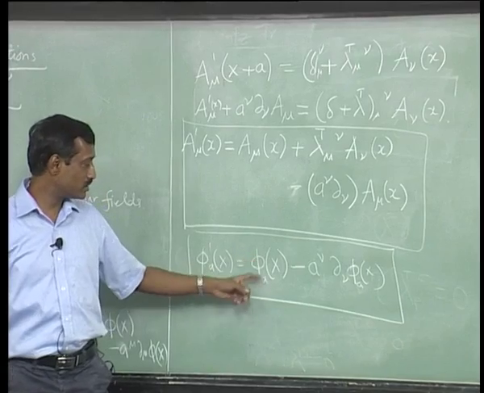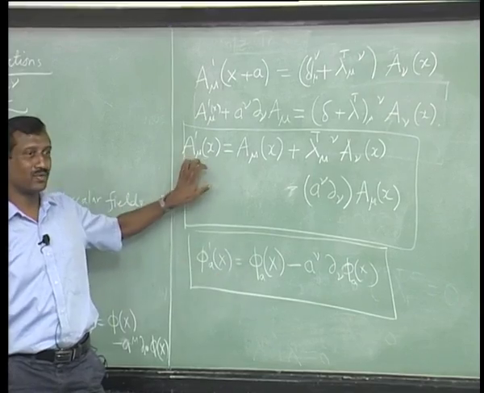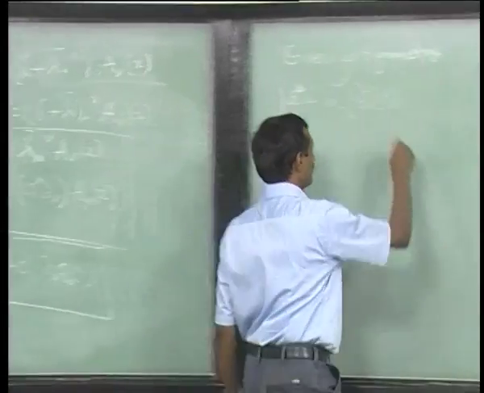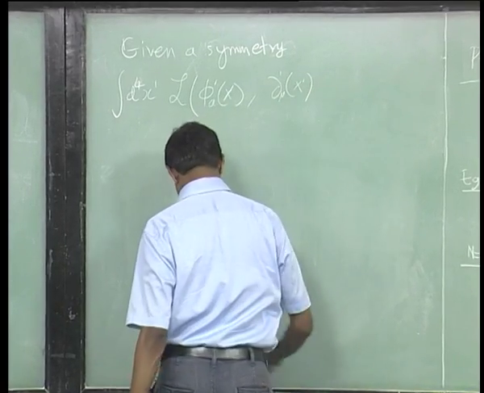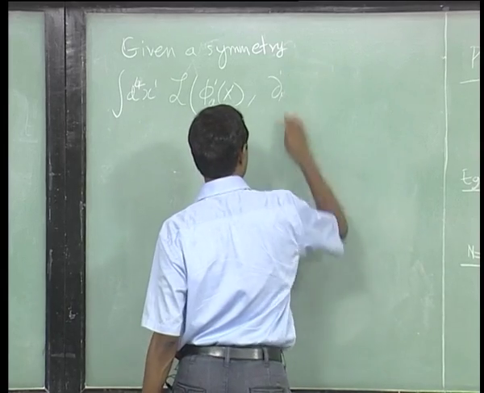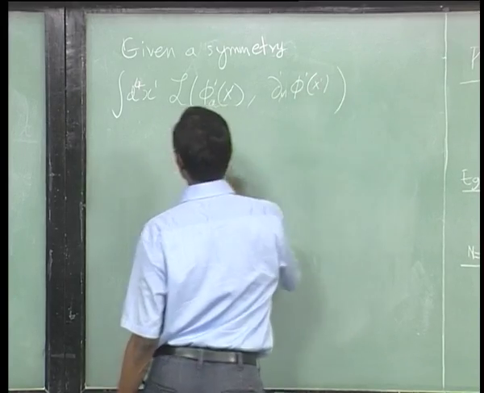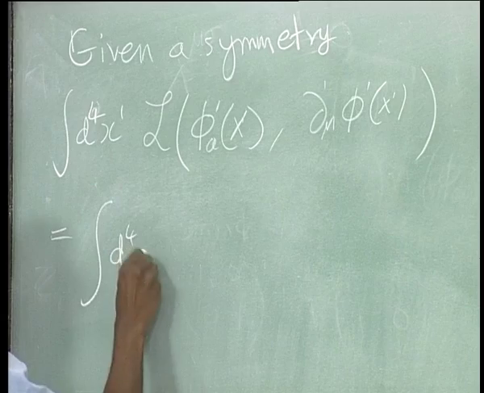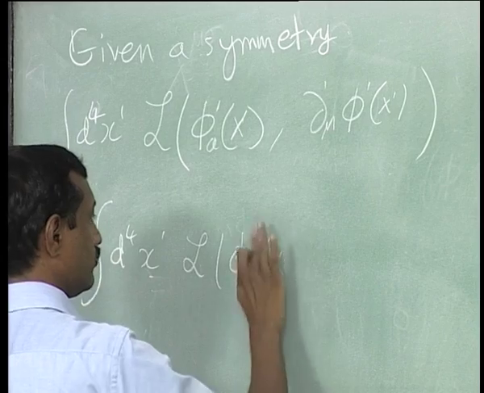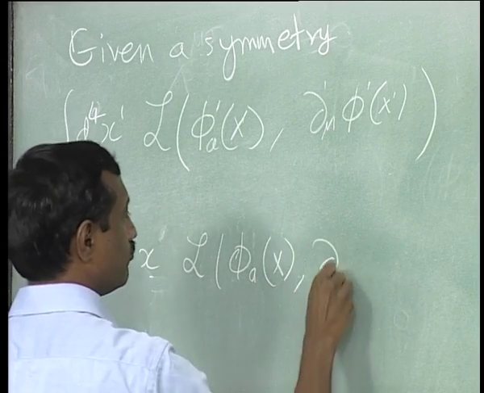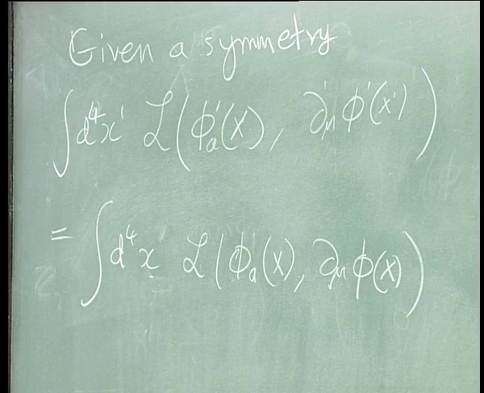I will just use a notation phi a, but I do not think it should be hard for you to replace phi a with a mu. No more primes here. So, this is just a statement that the action is invariant.